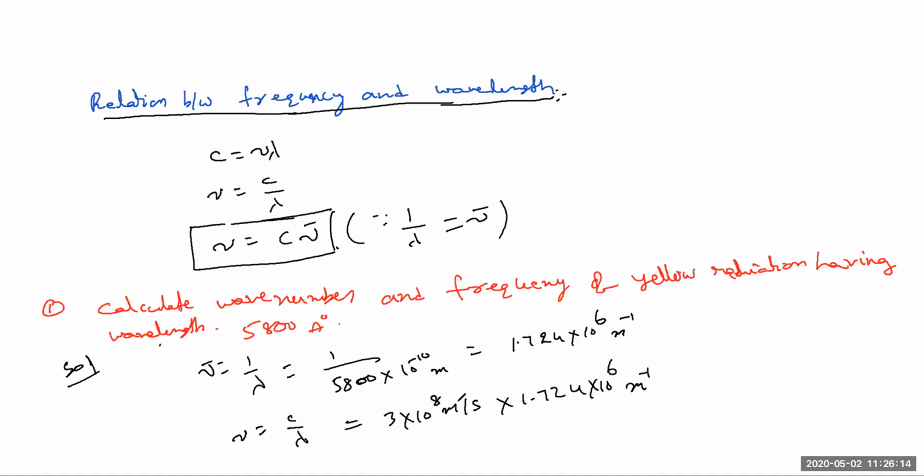Here meter inverse cancels out, only per second remains, which means cycles per second. So by calculating, how much will you get? 5.17 into 10 to the power 14 per second. This is the frequency.